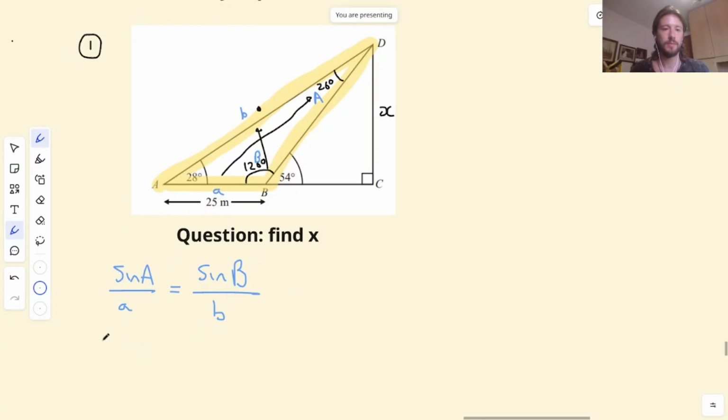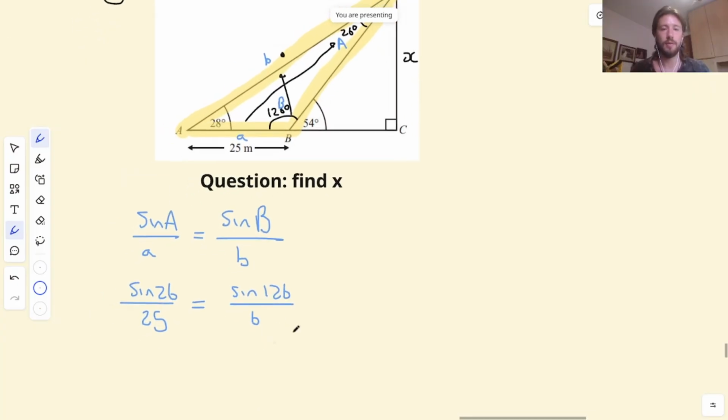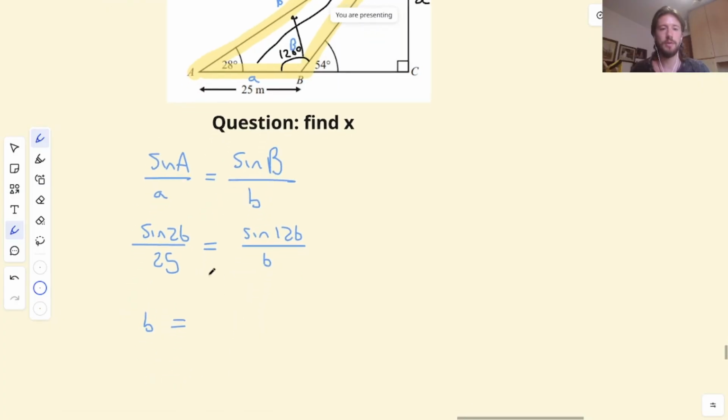Substituted in, we get sine 26 over 25 is equal to sine 126 over our unknown, and I'm just going to call it B in this case. Now, to find B, we can rearrange this equation. We can multiply out the 25 and the B and divide by the 26.